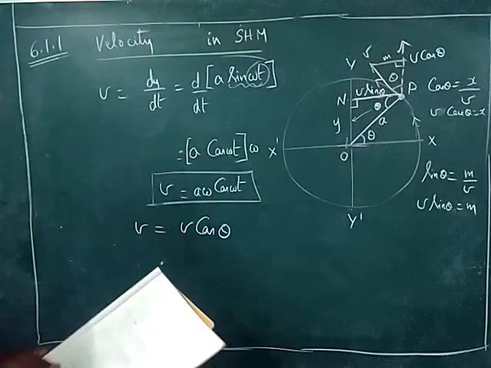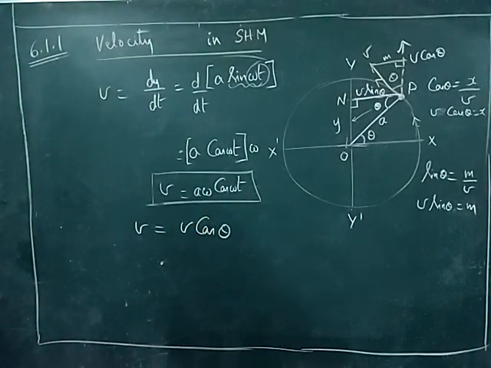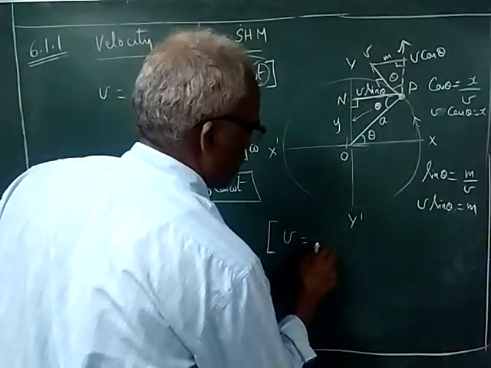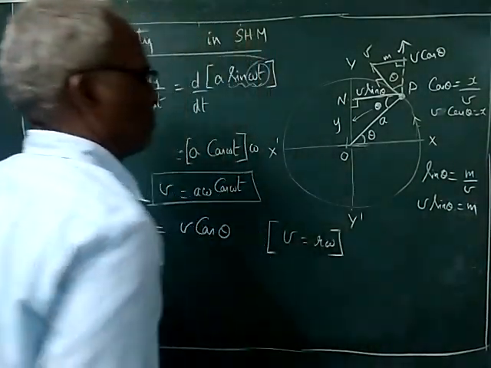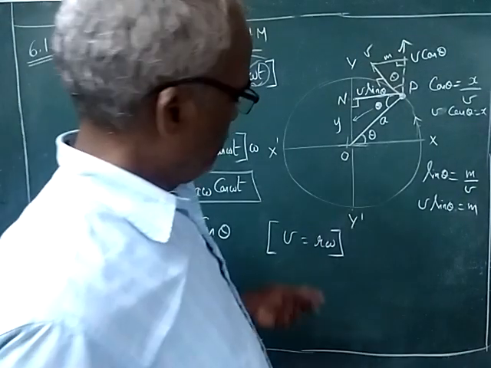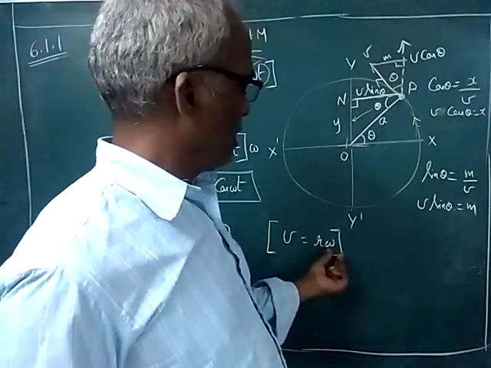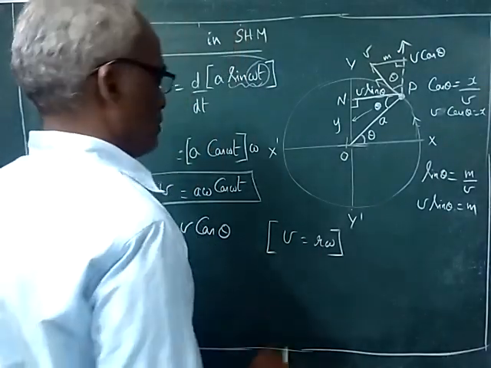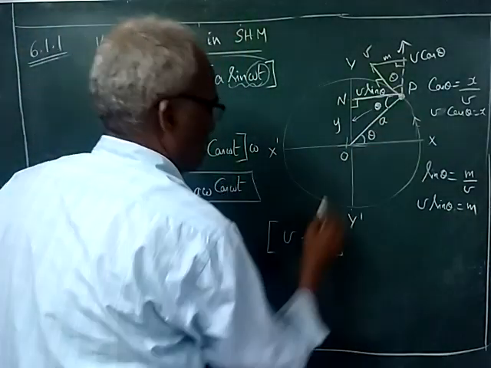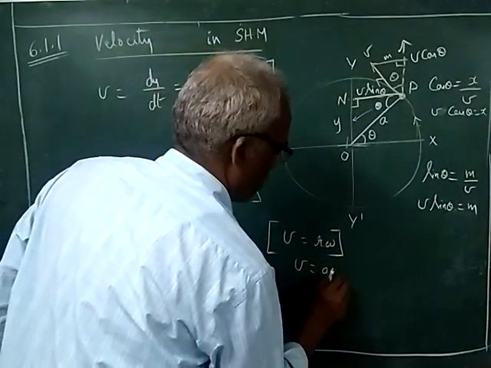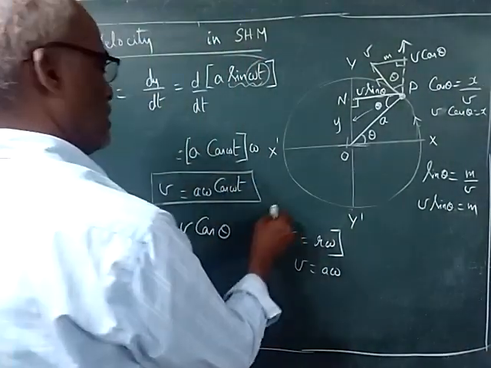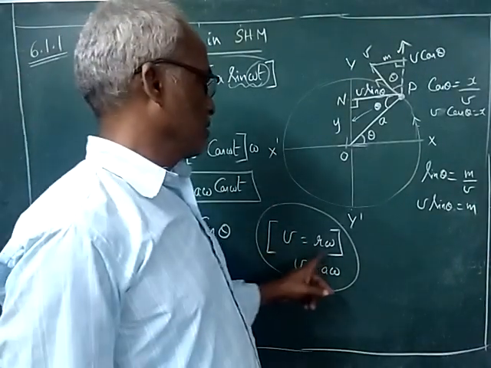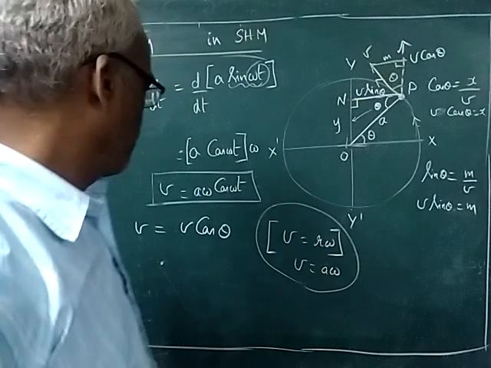Now we have a formula, linear velocity v is equal to r omega. v is the linear velocity, omega is the angular velocity, r is the radius. Therefore, here the radius is a, so v is equal to a omega. This is the relation we should remember connecting linear velocity and angular velocity.